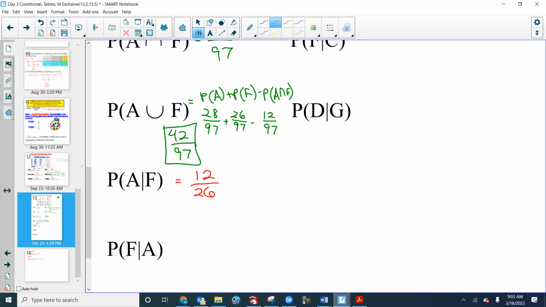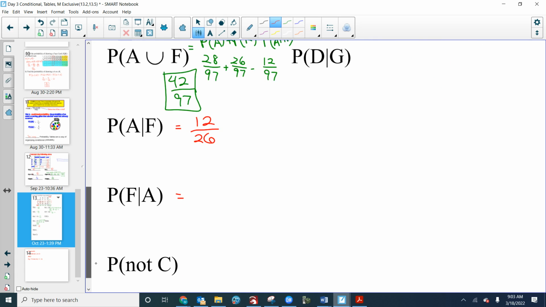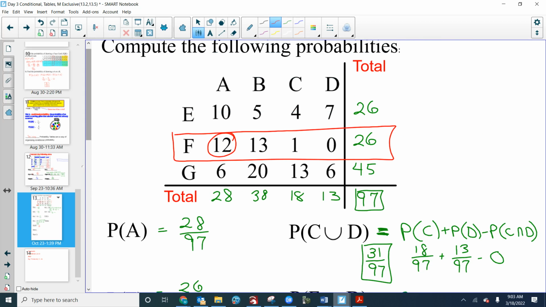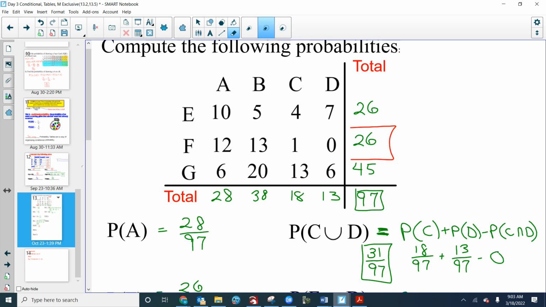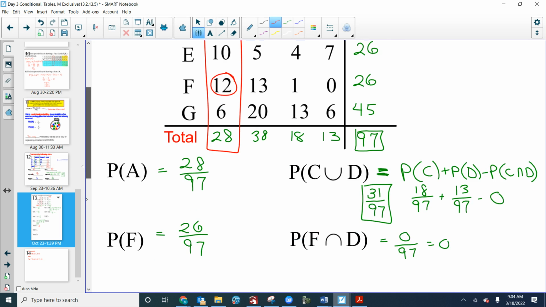Make sense? Okay. P of F given A. So now we're looking at the A column. P of F given A. 12 out of 28.